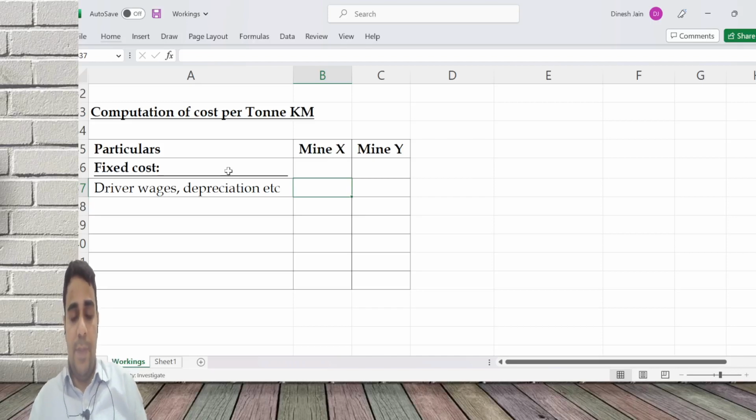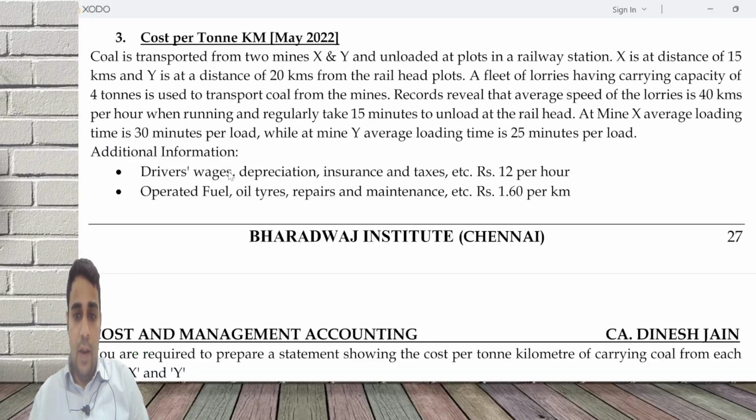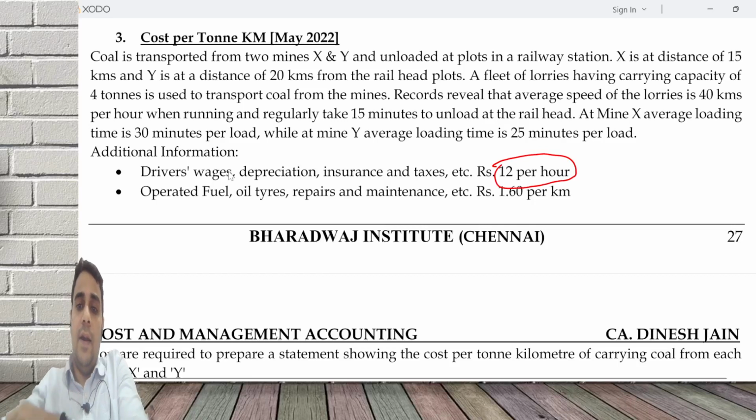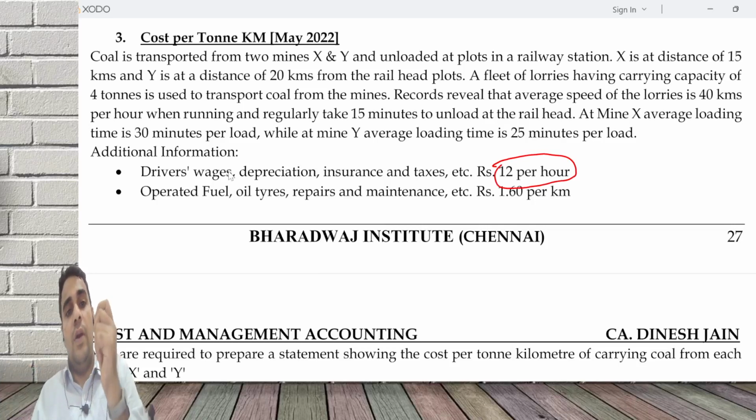Driver wages, depreciation, etc. Now listen, it says very critical, 12 per hour. Now I need to know for loading, unloading, travel all put together, how much time will it take in mine X?